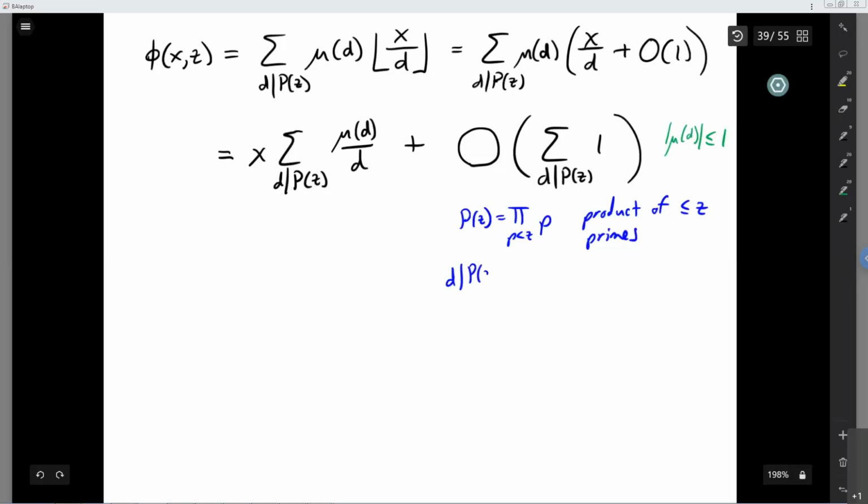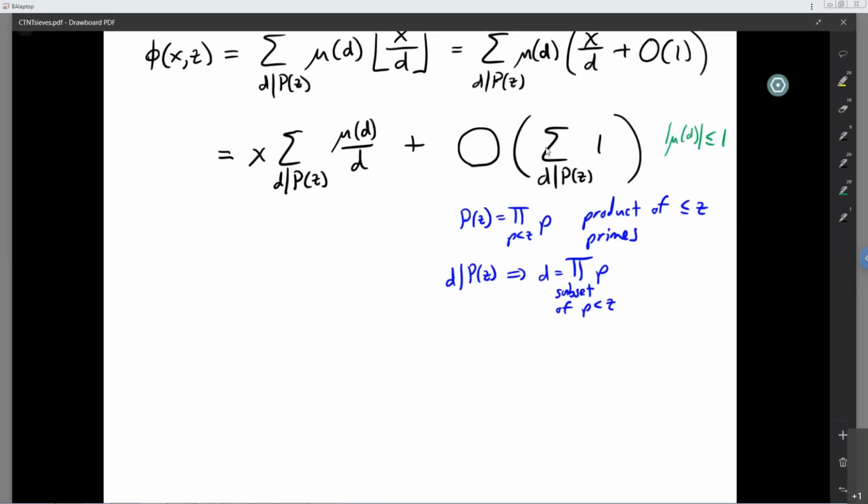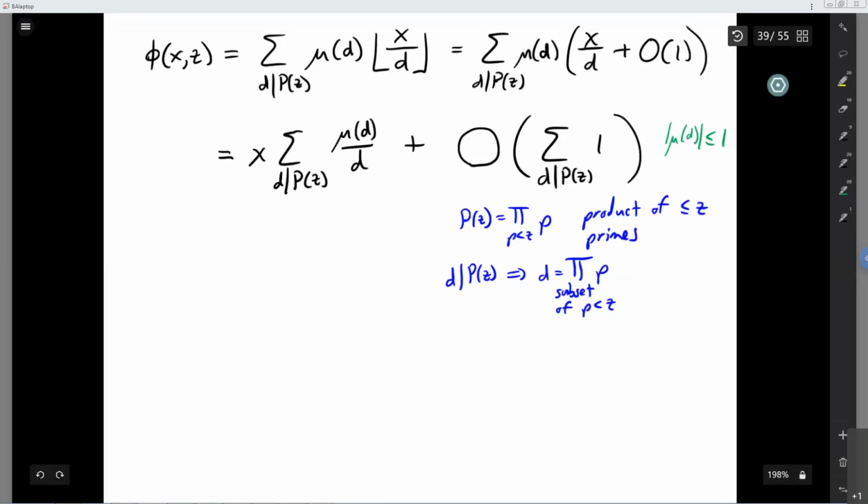So d dividing p of z implies that d is a product over some subset of the set of primes less than z. So this sum is the same thing as counting the number of subsets of the set of primes smaller than z. Well, there are less than or equal to z primes smaller than z, and if you have a set of size z, or smaller, then the number of subsets is exactly 2 to the z.